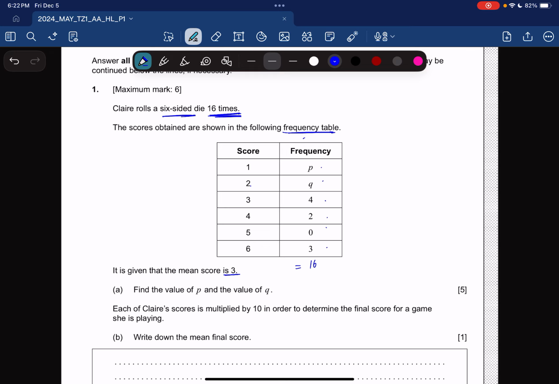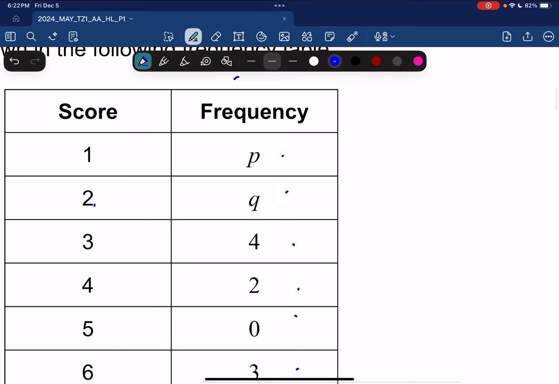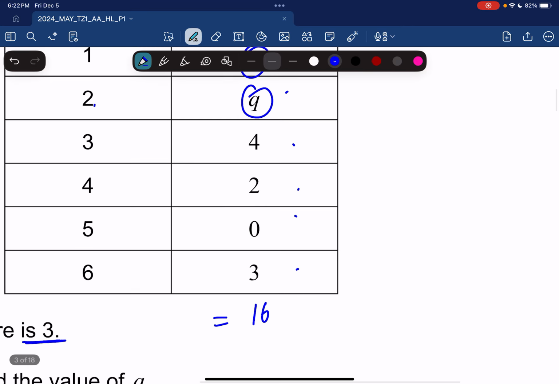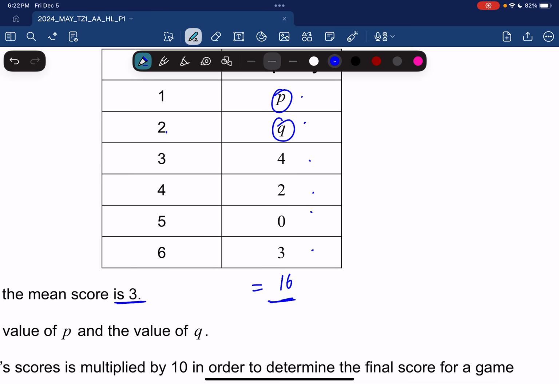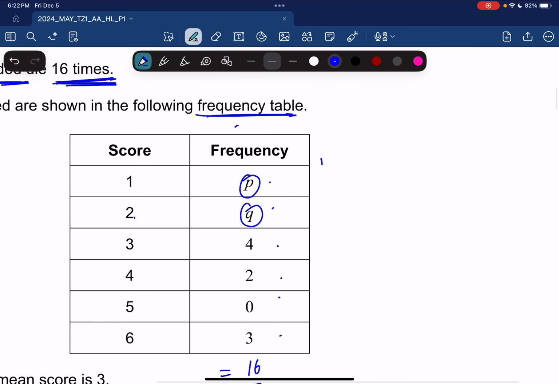But here's the other thing which is very important. Because we are asked to find 2 different variables, I cannot limit myself to only one equation. The first equation is just P plus Q plus 4 plus 2 plus 0 plus 3 is equal to 16. That is the first equation that links P and Q together.